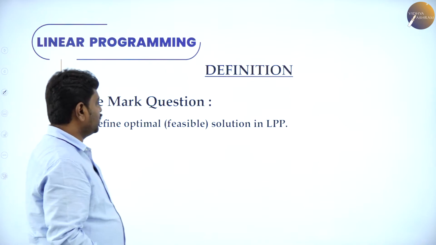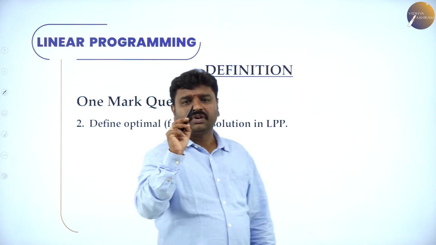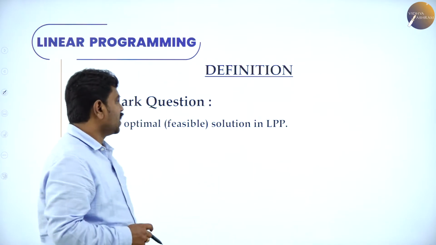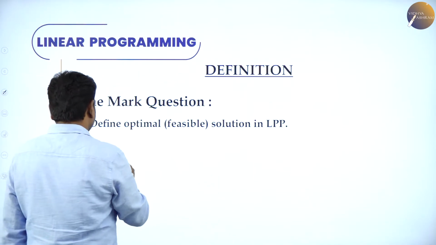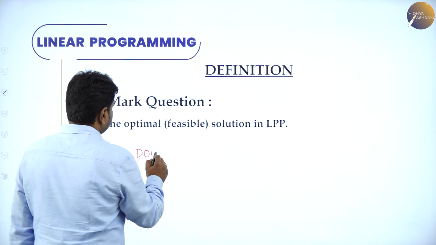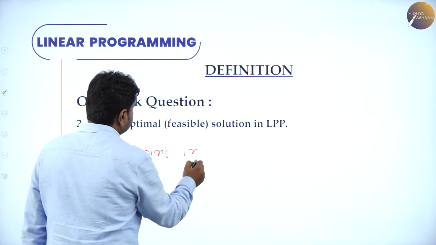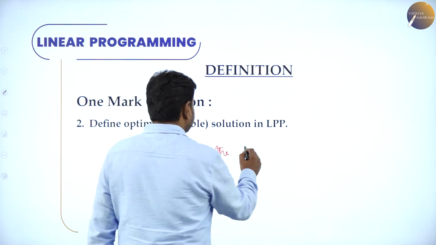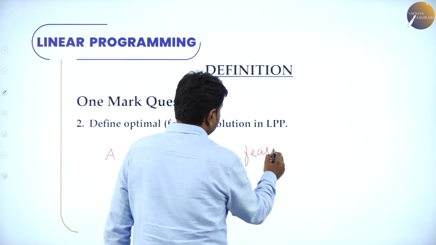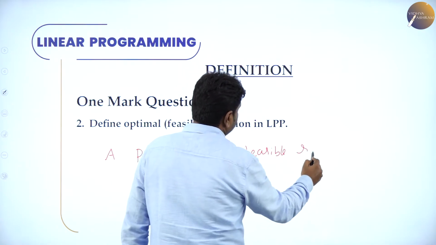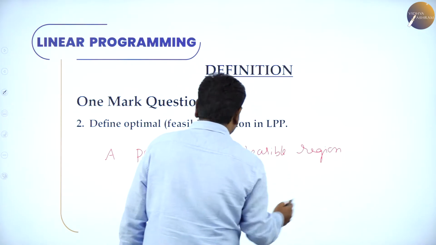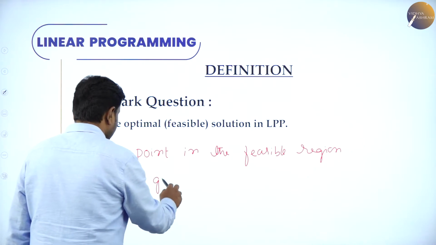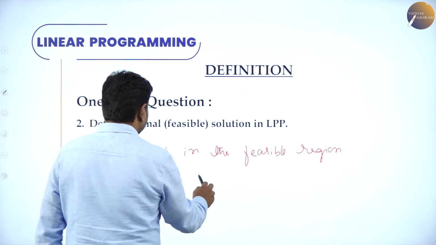Similarly, they'll ask you to define optimal solution of LPP, the optimal solution of a linear programming problem. Optimal solution means it's a point in the feasible region, that is, in the solution region, which gives the optimum value.